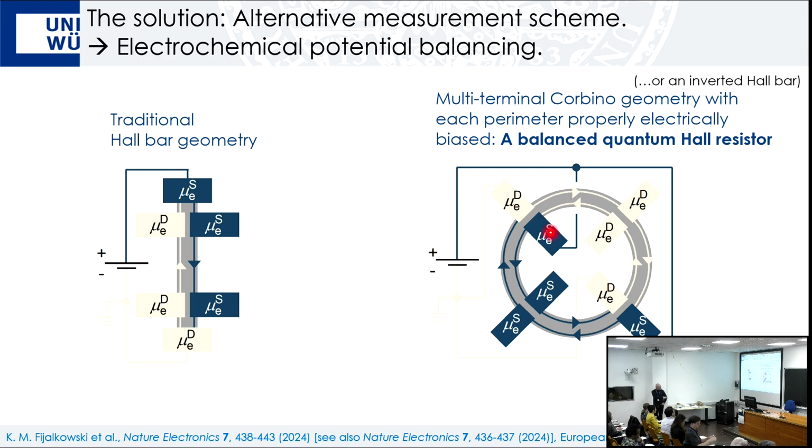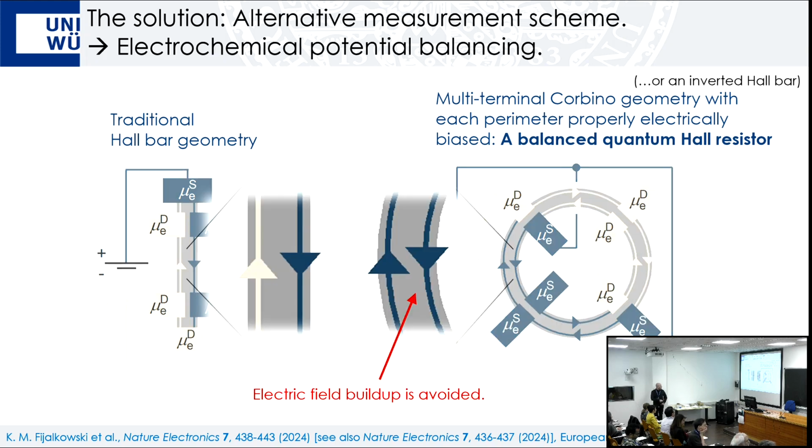So we apply a bias voltage here and we ground here such that this part is at high voltage and this part is at low voltage. And if you look at the colors, you find that the two edges which always run next to each other are either both at high voltage or both at low voltage. So this electric field buildup should be avoided, or at least massively suppressed.